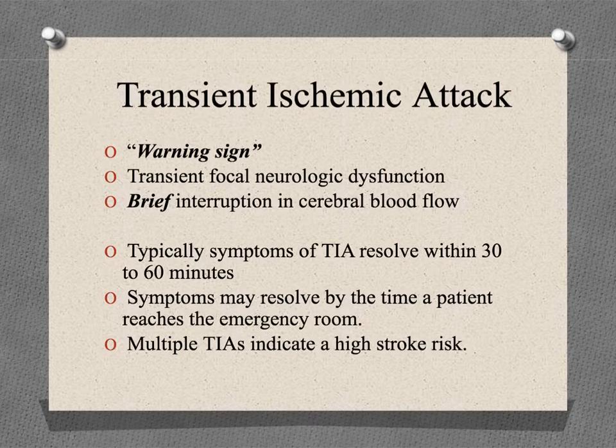That would require immediate transfer to a facility that could do interventions for a cerebral bleed. If these are negative, the patient will have further diagnostic testing, such as having their blood pressure checked, looking at their labs, looking at cholesterol levels, looking at blood sugar levels, making sure all of the risk factors for having a stroke are decreased before they go home.